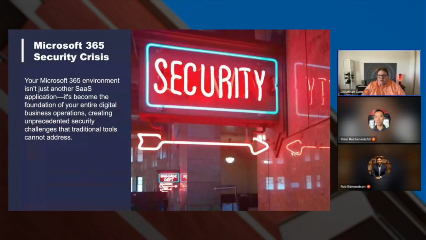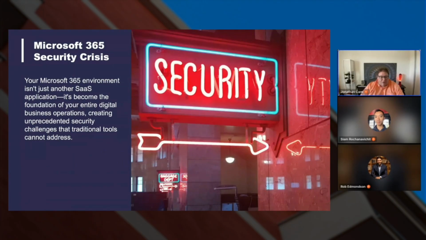Microsoft 365 is no longer just a suite of productivity apps. We think of Word, Excel, PowerPoint, but in fact, it has evolved. It is the central nervous system for most businesses, and it underpins critical functions like communication, data storage, collaboration, and of course, identity management. And this makes it fundamentally different from a standalone SaaS application.